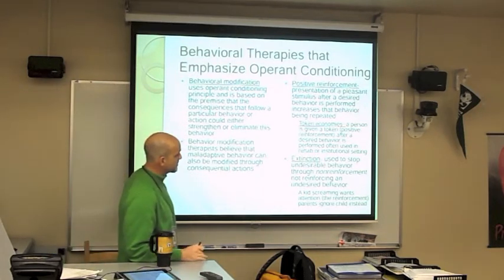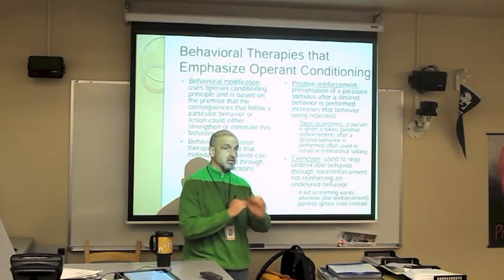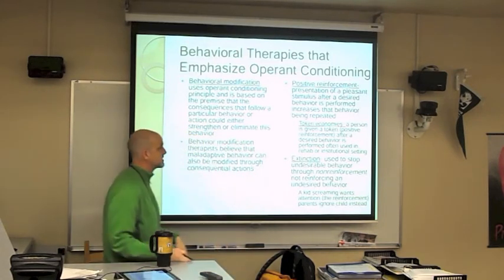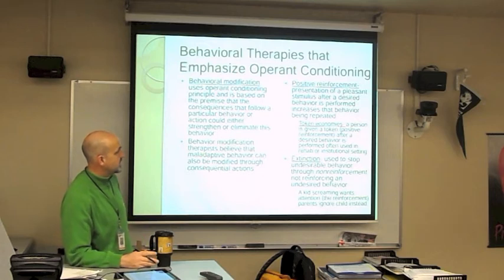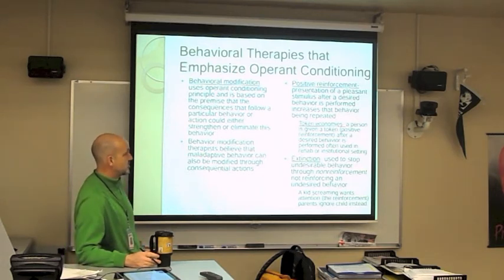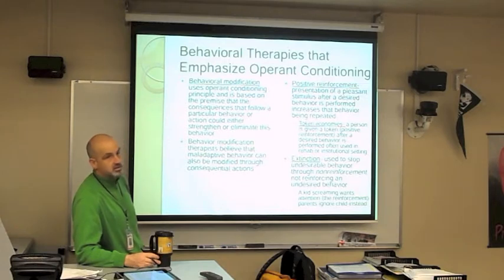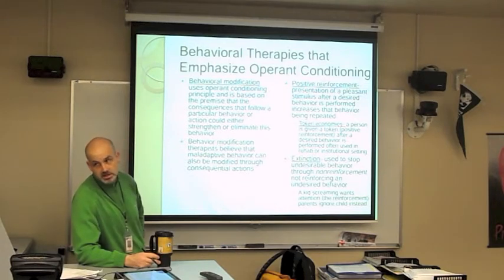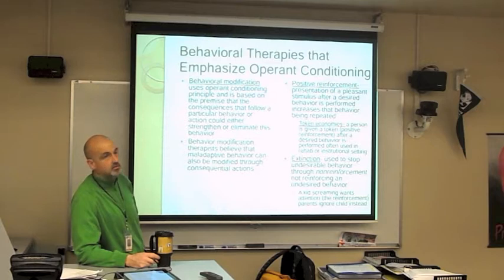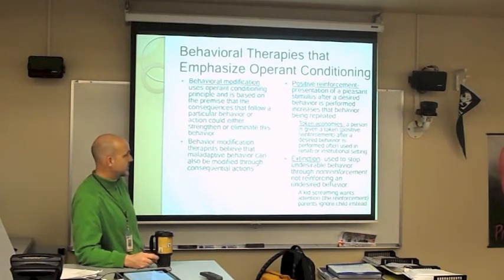Again, positive reinforcement is the presentation or the addition of a pleasant stimulus after a desired behavior. Now, an example of positive reinforcement would be token economies. A person is given a token after a desired behavior. Now, they can later exchange these tokens for things that they want, like magazines or different types of clothing.